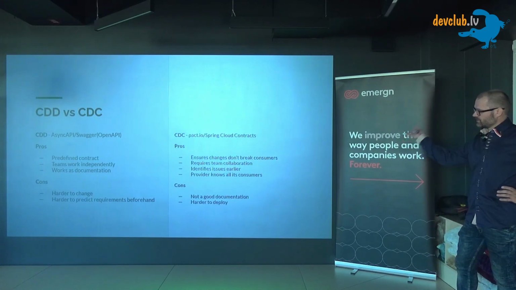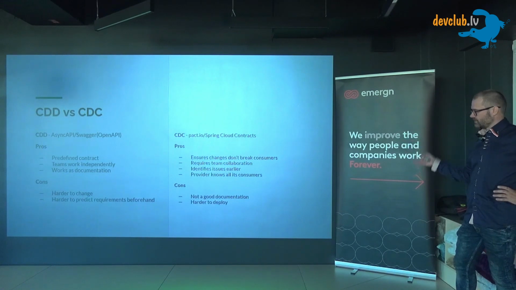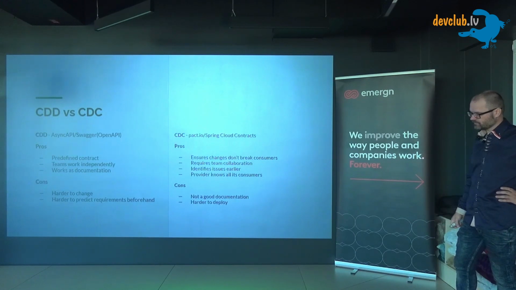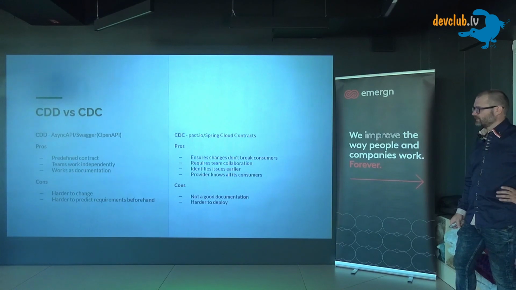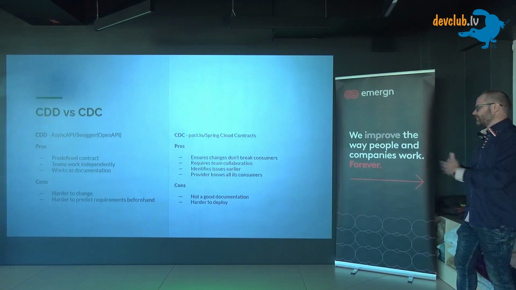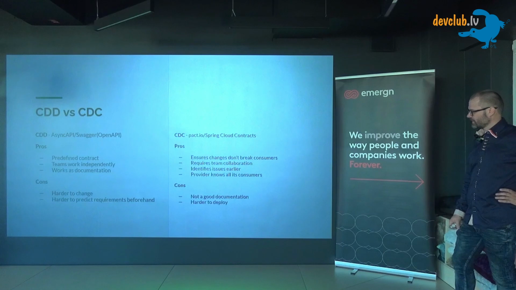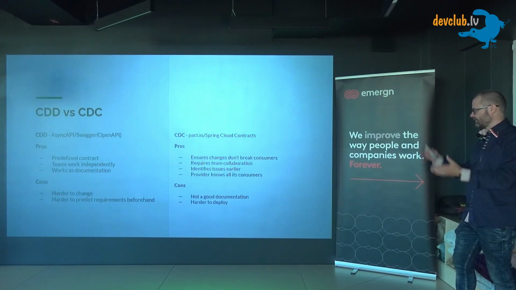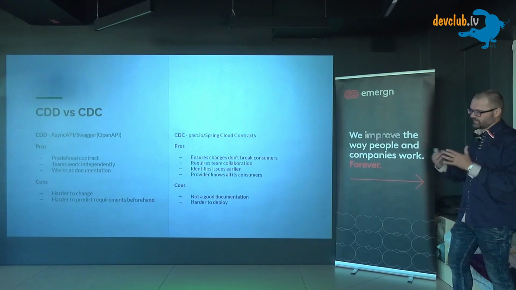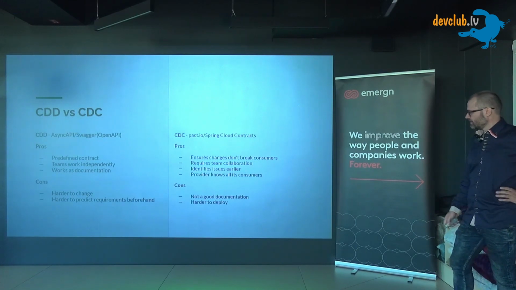And the additional bonus is the provider, in our case it's main application, always knows who is using all the data it's providing. So it kind of prevents the case when some changes in main application can break some consumer that main application didn't know about.